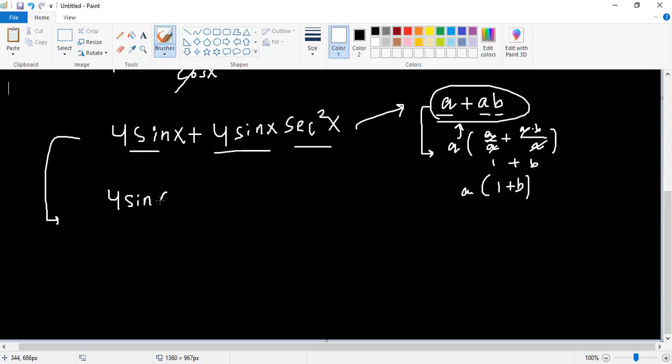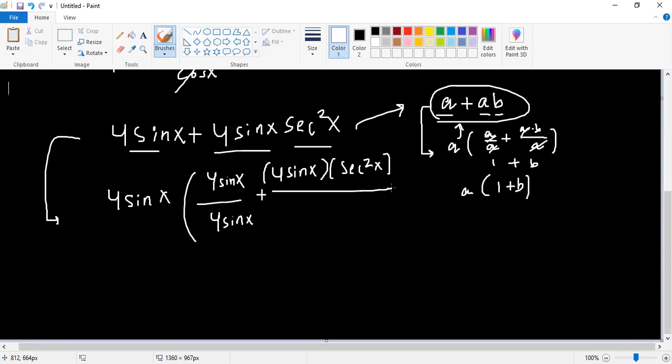We're going to factor that out. And what we're going to do is we're going to say, okay, 4 sine of x over 4 sine of x. And that would, of course, be added to 4 sine of x secant square of x, and actually let me put a parentheses around it so that the separation between both of these functions is evident. So we would, of course, divide this with 4 sine of x.